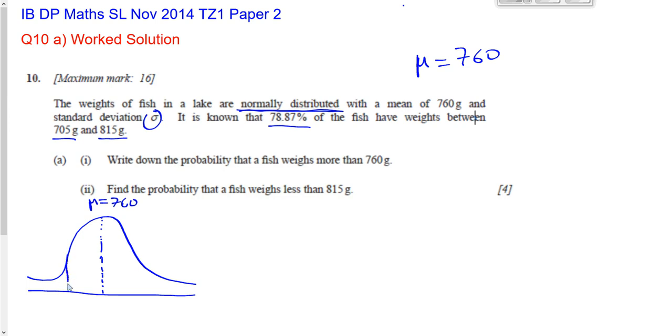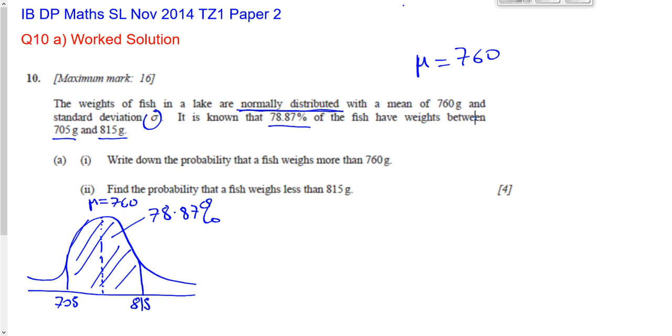So between here and here, I've got 705, and over here we've got 815. This area between here and here is representative of 78.87%, that area underneath our normal distribution.